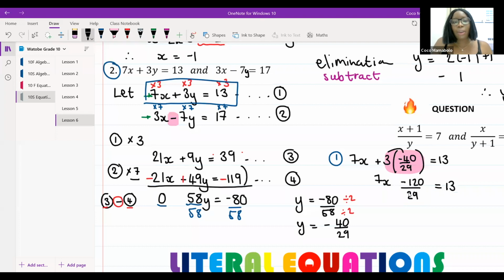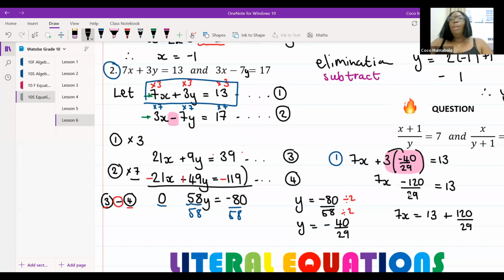Now I want X on its own, so I'm going to take this -120 over 29 to the other side. So I'm going to have 7x is equal to 13 plus 120 over 29, because if it's negative on this side, when I take it over to the other side, it will become positive.